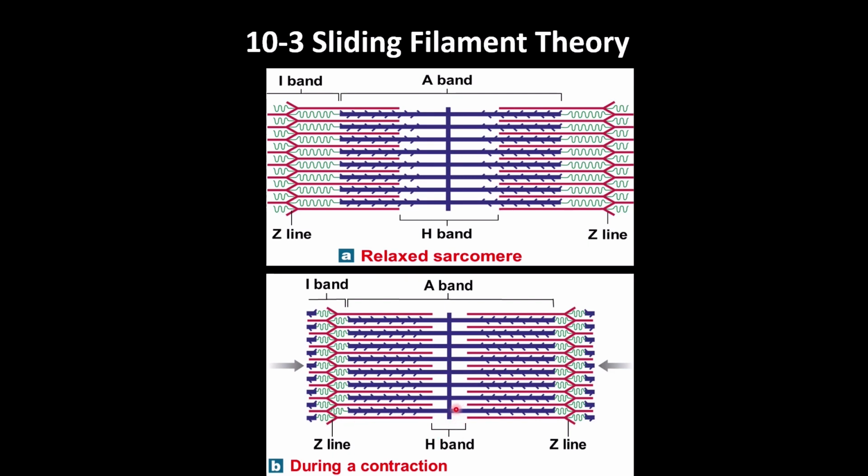So the I band decreases, the H band decreases, the zone of overlap increases, but the A band remains the same. When the thick filament attaches, the thin filament moves toward the midline. That is the sliding idea. That's how the muscle contracts, and during relaxation, it goes back to the length that it was before.